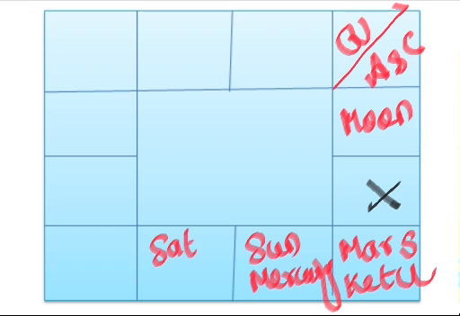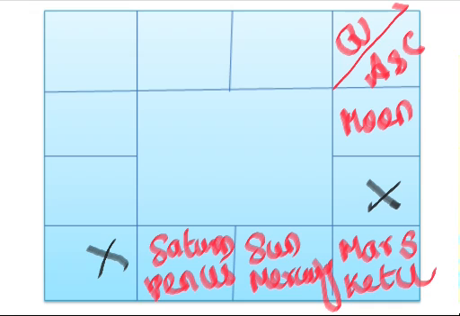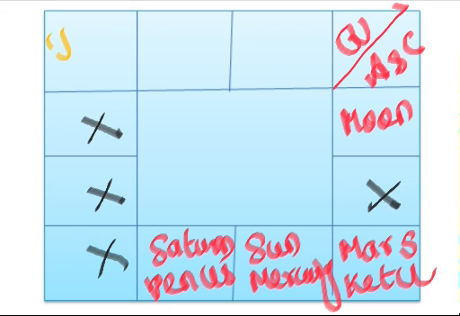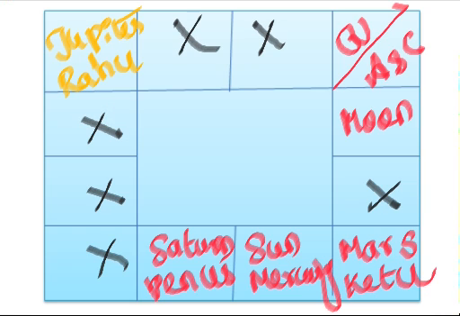Here Saturn and Venus. Again here you may not find anything. Here no, here also no. Here you have Jupiter plus Rahu. Again here no planets, here no planets. So in this way, this is an example chart.